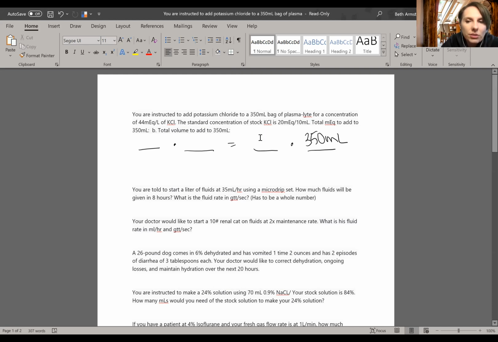So that's the concentration, and we don't know that part. But your doctor wants 44 milliequivalents per liter. So if you put 44 milliequivalents and then the liter, we have to change to mLs because we're in mLs over here. So you just put 1000 mLs there.